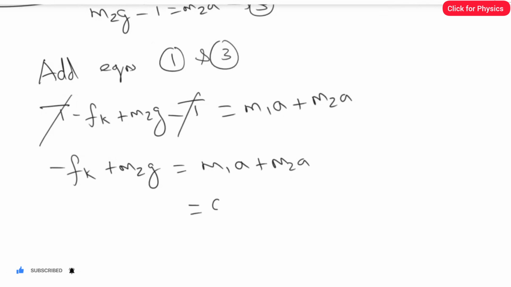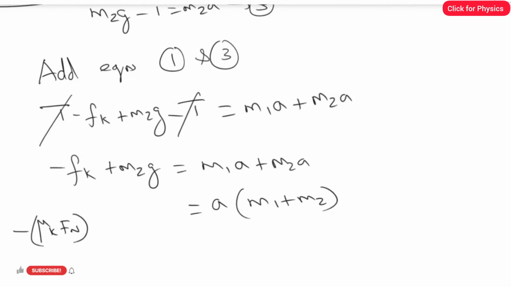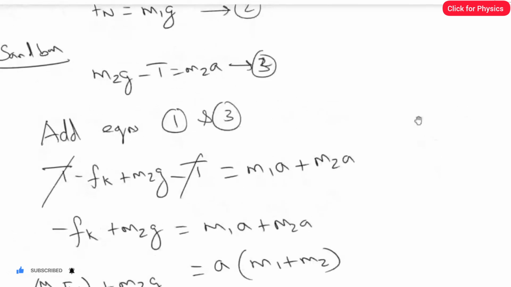And here a is the common term, so I can take it outside. That means m1 plus m2 will come inside the bracket. And then the fk formula we already know, which is minus mu k multiplied by Fn, plus m2g. And what is our Fn? For substituting the value of Fn, we have to use our second equation.